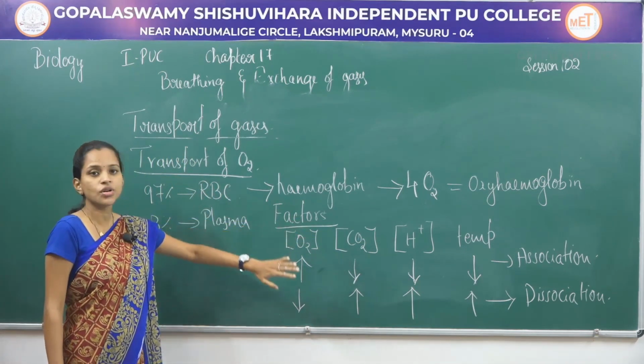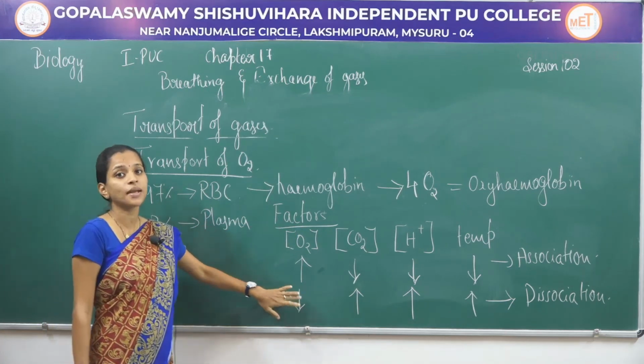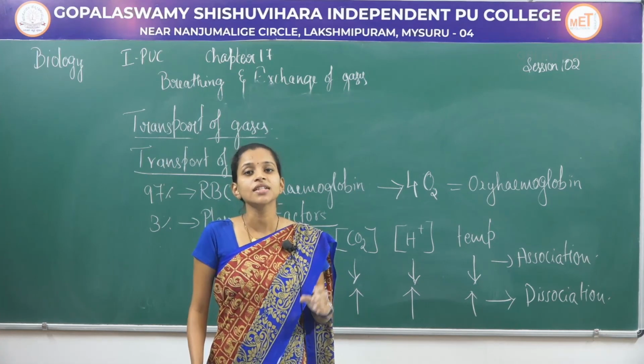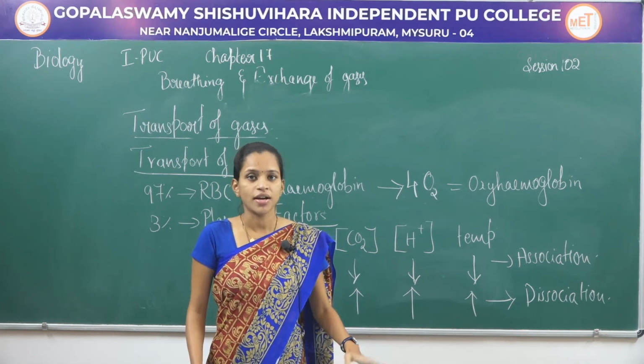This association and dissociation process can be represented in a graph, where the oxygen graph gives a sigmoid curve.